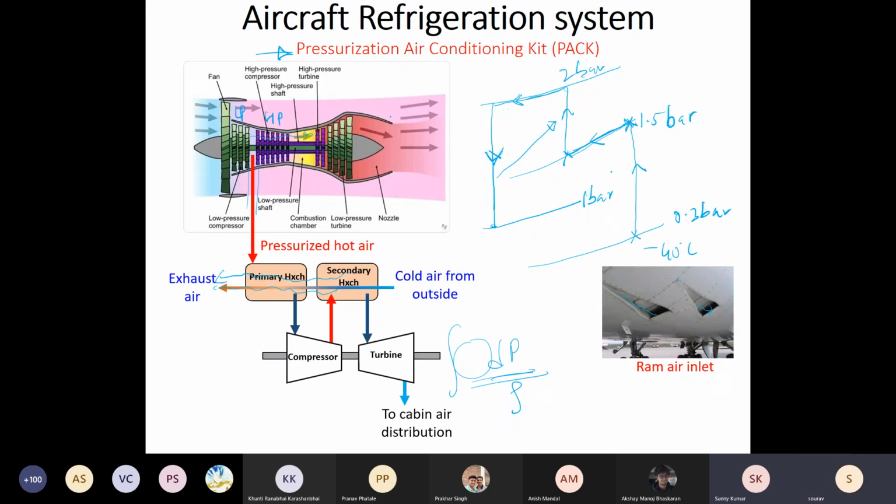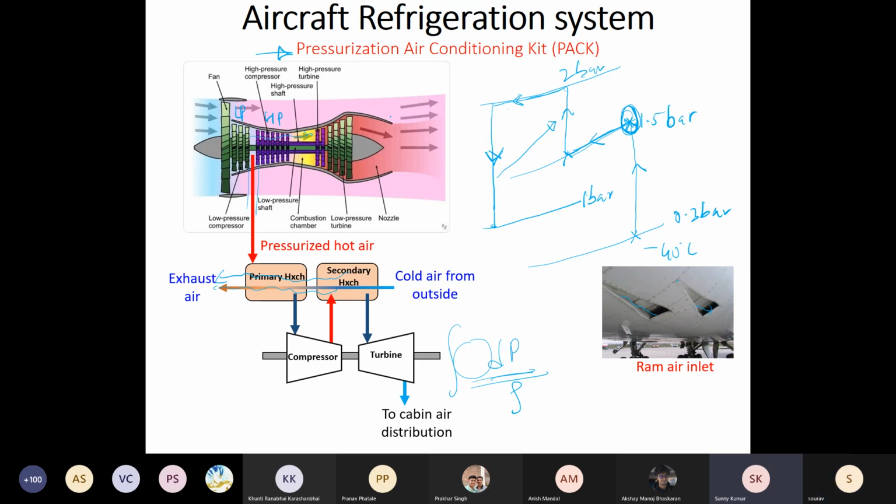Any query in the process itself? So I will repeat very quickly. You bleed some air from the engine compressor itself. So this is the air which is being bled from the engine compressor.